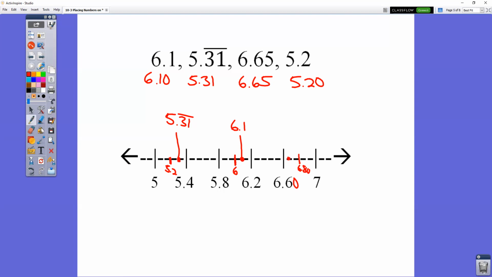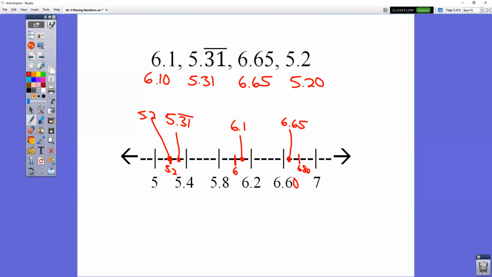So 6.65 is right on that first little dash. 5.2, we already put a little hash mark right here at 5.2. This is where 5.2 would be, halfway in between 5 and 5.4.